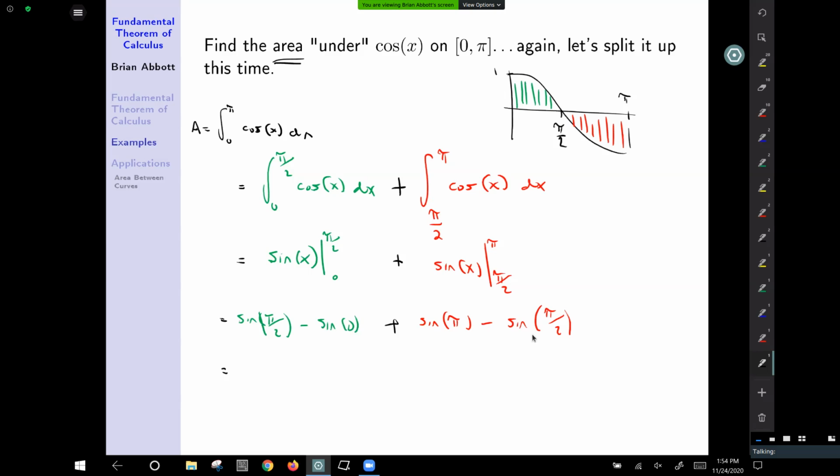Sine of pi over 2 is 1. Sine of 0 is 0. And then sine of pi is 0, minus sine of pi over 2, which is 1. So we end up with positive 1 minus 1 gives us our 0.